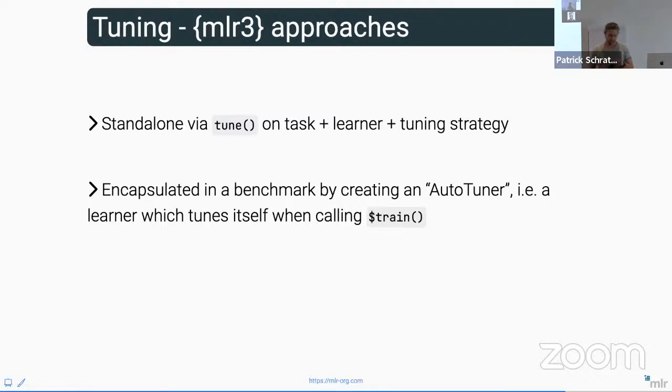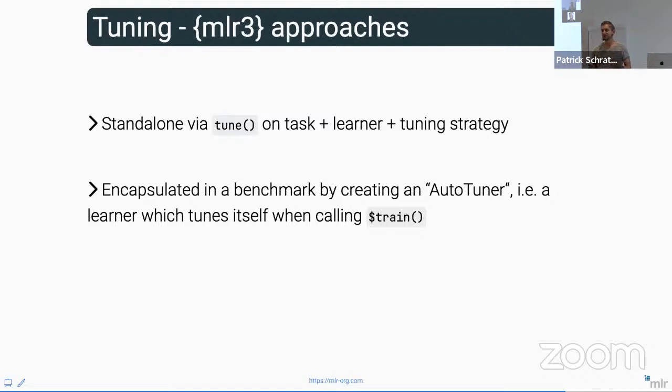But you can also do it a bit different and create a so-called auto-tuner. What is an auto-tuner? An auto-tuner is essentially a learner that knows how to tune itself. So, of course, you have to specify this to some degree beforehand. But you can treat this auto-tuner once created like a normal learner.